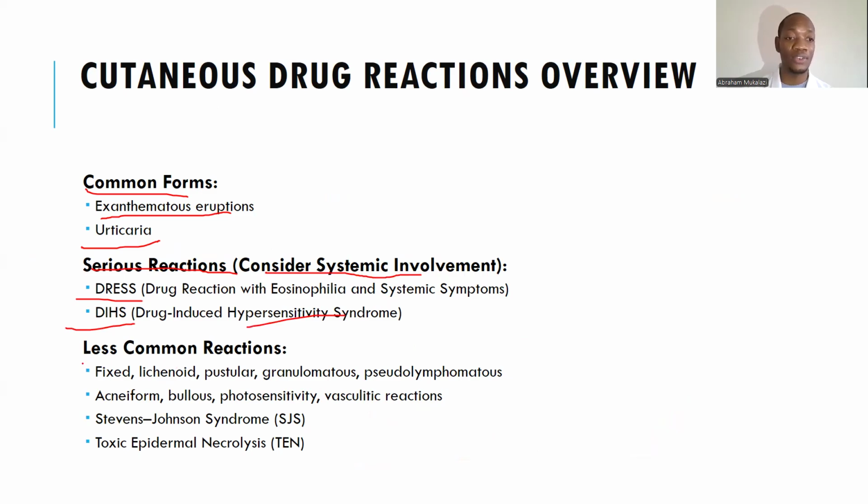Then the less common reactions, of which there are very many, include fixed drug eruptions, lichenoid, pustular, granulomatous, pseudolymphomatous, and acneiform reactions. We have SJS and TEN. These are less common. However, they also have a great deal of effect on the life of the patient.